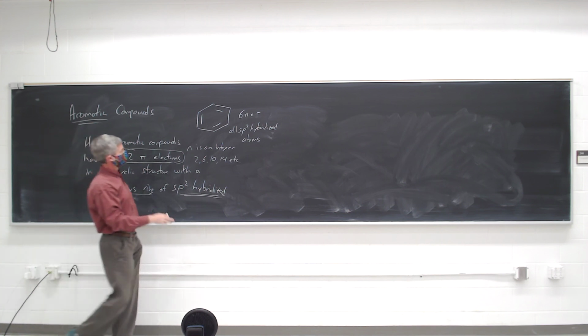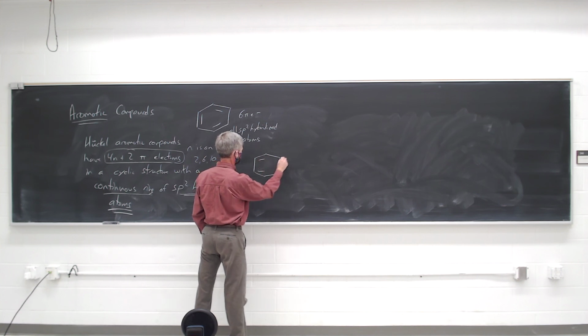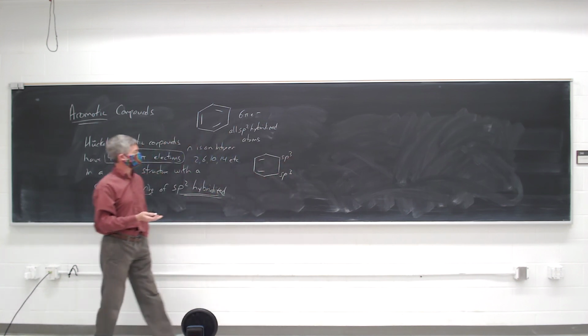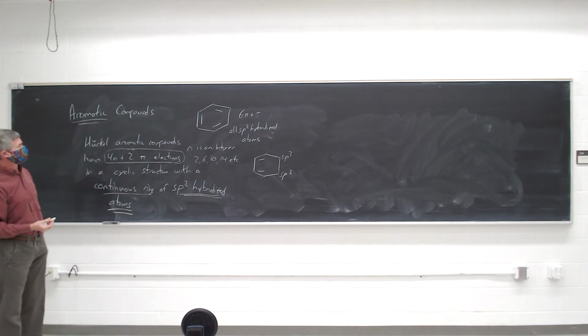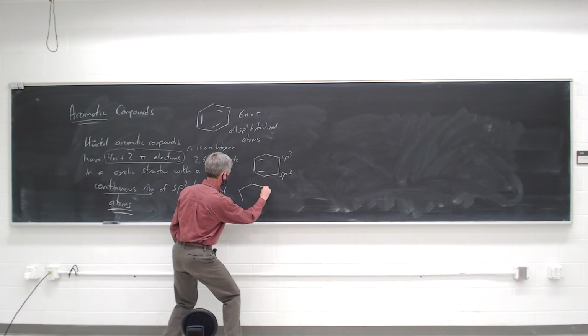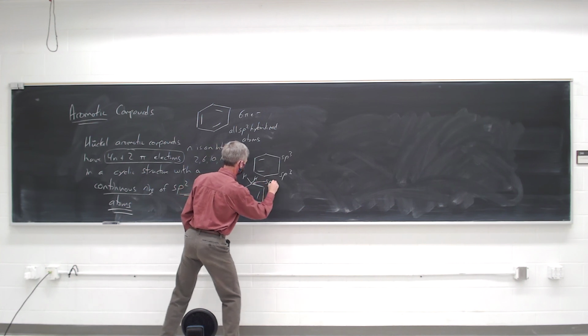Because cyclohexadiene has sp3 hybridized carbons. So that's not a continuous ring of sp2 hybridized carbons. Cyclopentadiene also doesn't fit. There's an sp3 hybridized carbon here.